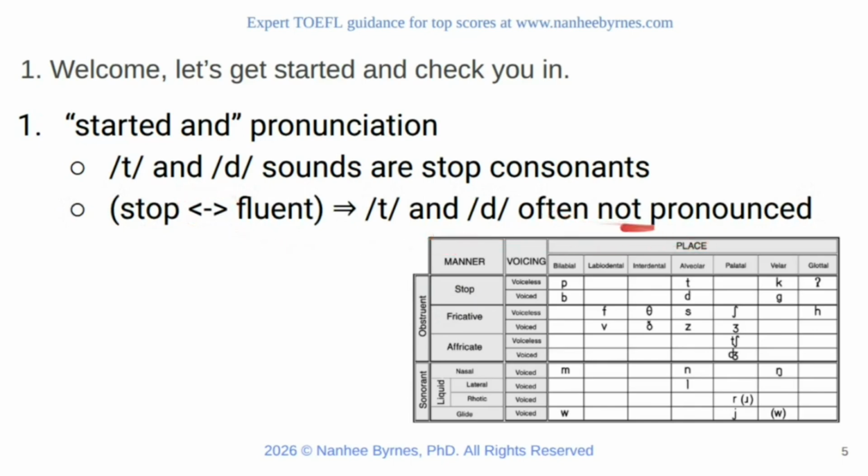In started and, the D at the end of started links to the following vowel, and the D in and is dropped and sounds like un. So the phrase may sound like started in. Now repeat after me. Welcome. Let's get started and check you in.